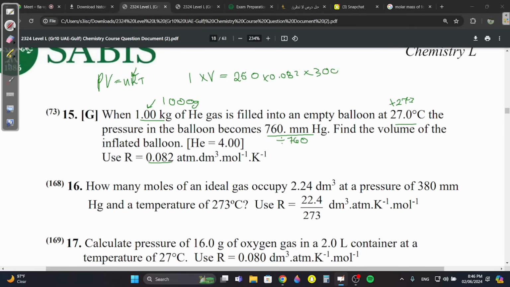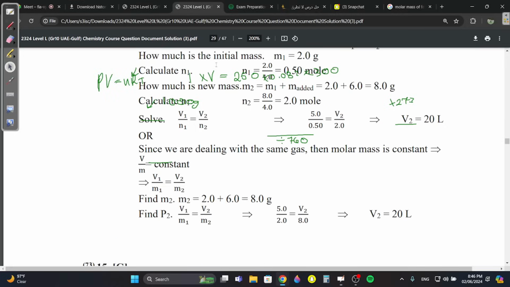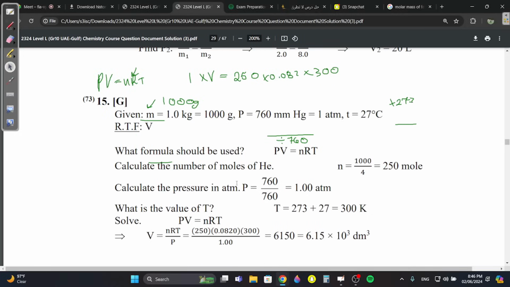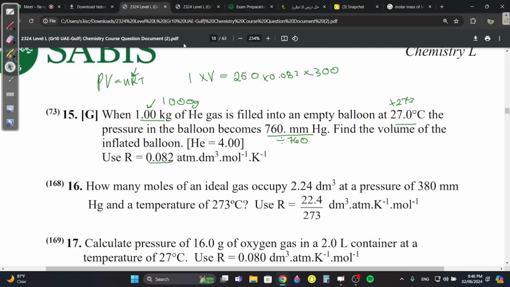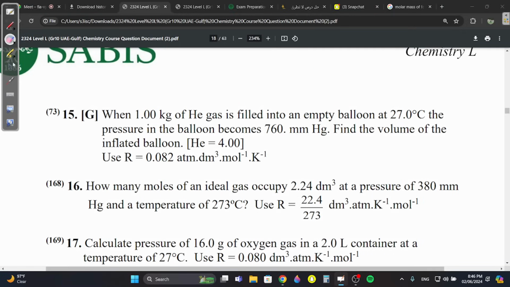So 250 times 0.082 times 300 divided by 1 is 6150. Again, pay attention to significant figures: 3 SF, keep it as 6.15 times 10 to the power of 3. I think we're done with this section.